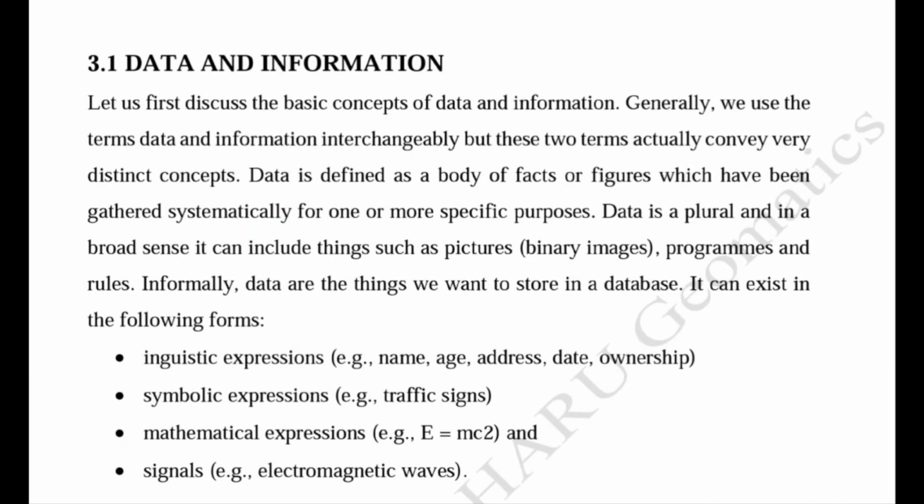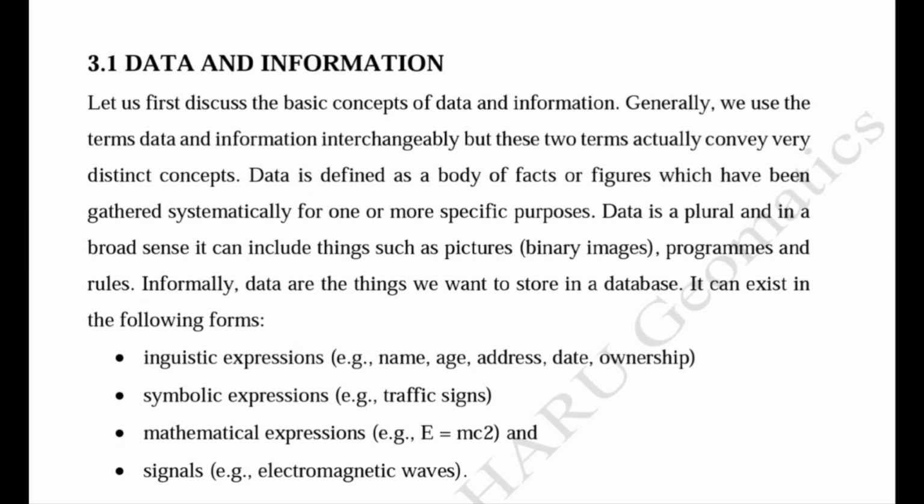In simple language, data are stored in the database, and can include pictures, programs, and many rules. It is broad in sense and plural in nature. So data are collected systematically for one or more specific purposes, and may be pictures, programs, or rules.